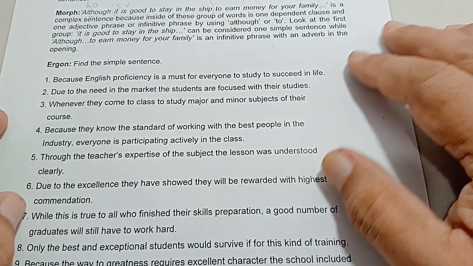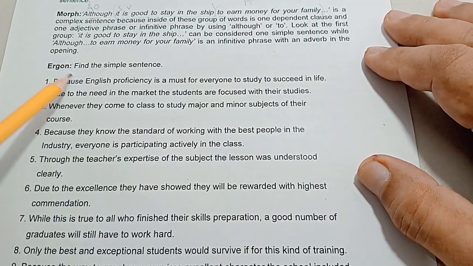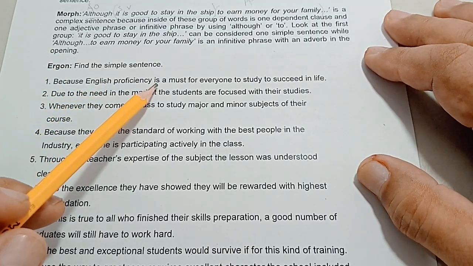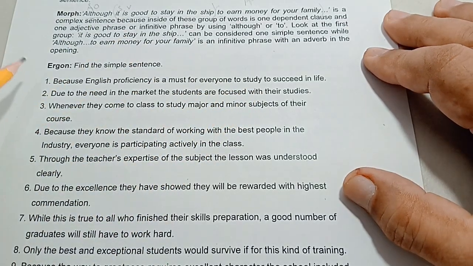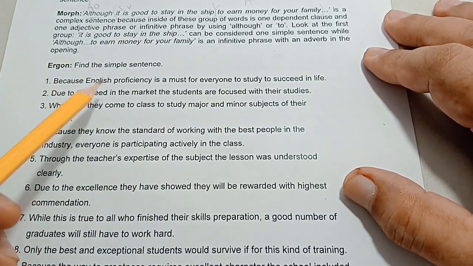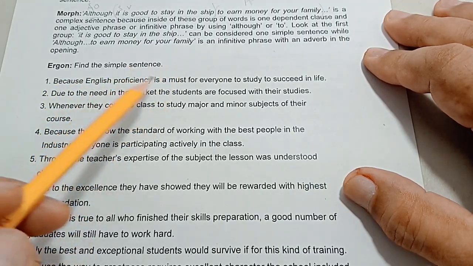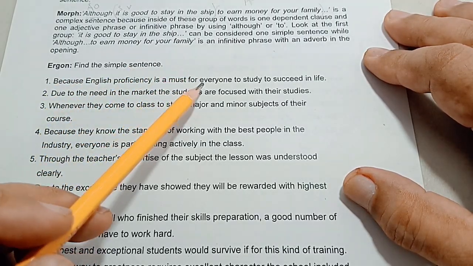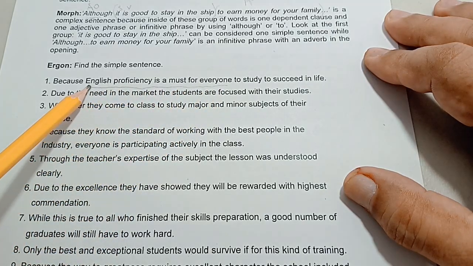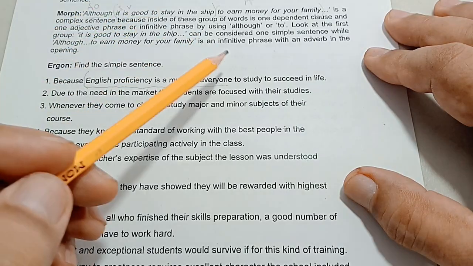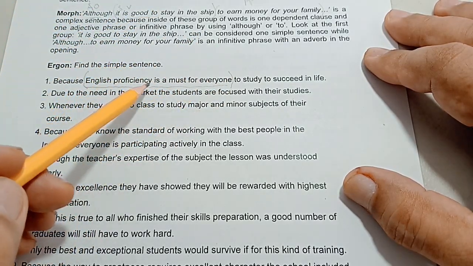Okay, very challenging ito. So, find out the simple sentence. Because English proficiency is a must for everyone to study to succeed in life. Ang simple sentence ay nandito sa this one. English proficiency is a must for everyone.